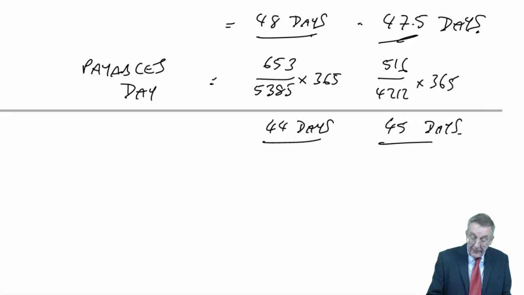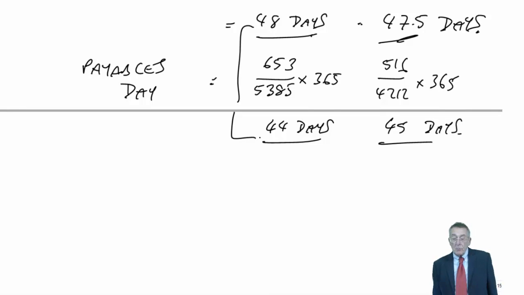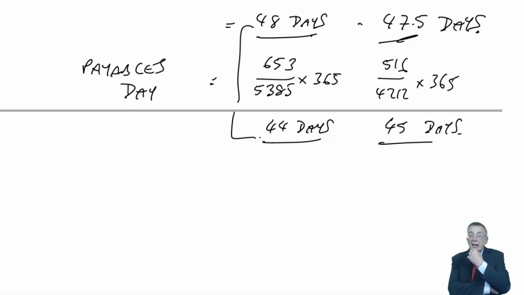Also, it's interesting to compare those two. Here, there's not much difference. We're collecting from our customers in 48 days, we're paying our suppliers in 44 days, slightly faster. But if there was a big difference, you know, if you're paying your suppliers in 10 days, but you're taking 30 days to collect from your customers, then that would be a bit silly.